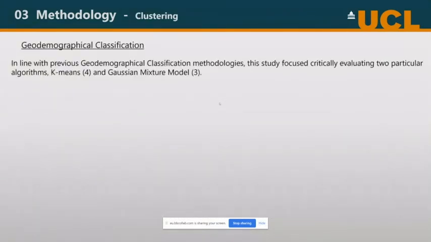For clustering, there's two methods that I was set on using, mainly based on previous research. The first one being k-means clustering, which was used by Gale in his output areas study in 2011, and the other one, a Gaussian mixture model used by Clark in 2017 for his clustering of e-petitions.